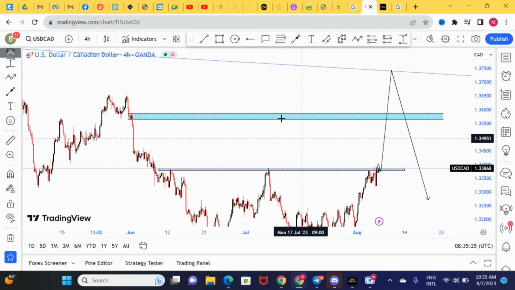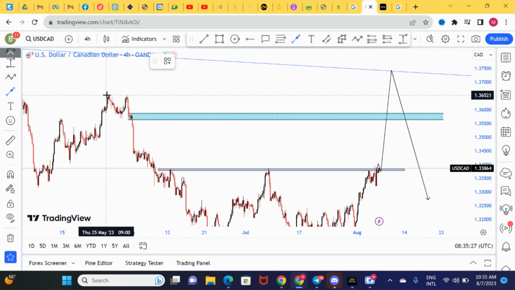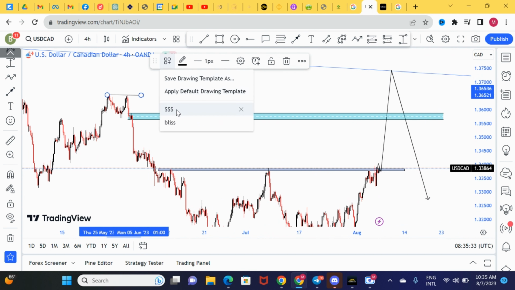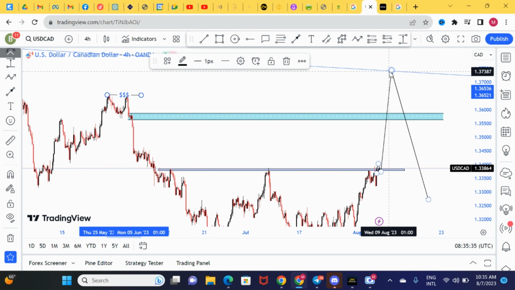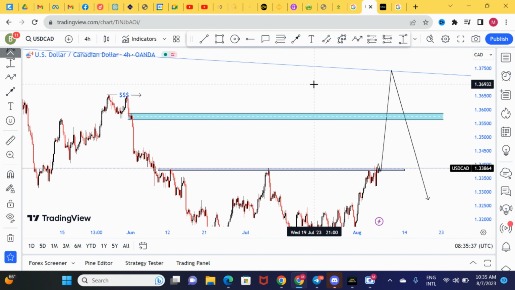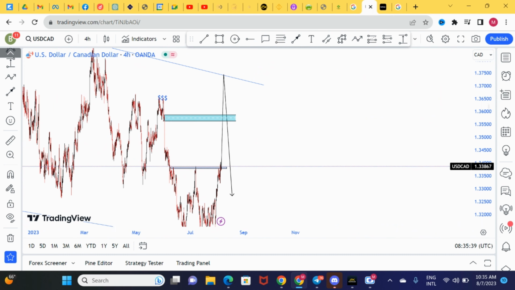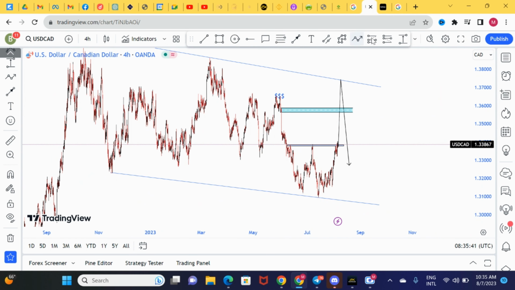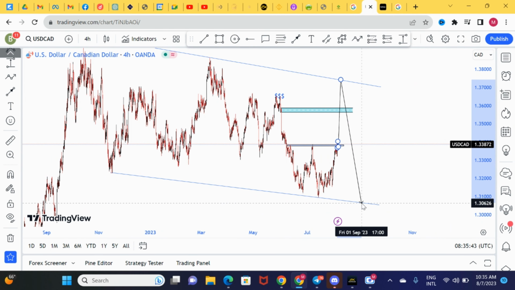Above that, we have an area of liquidity. This signifies the market needs to go up again. This is why I'm looking at it reaching all this far. So this is how I'm looking at this market. I'll be waiting.